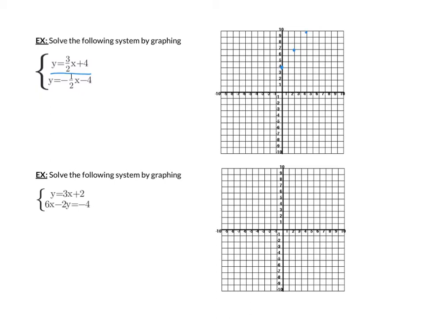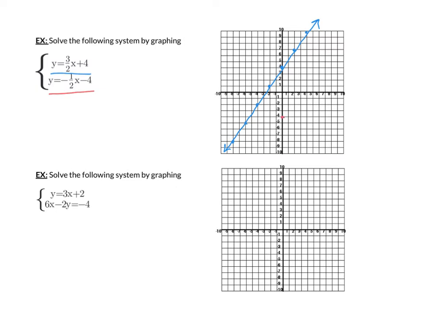One of the things you're going to see about graphing systems of equations is you want to continue your graph almost the whole way across the graph paper, because you never know where the solution's going to lie. So there's that line. Now I'm going to graph y is equal to -1/2 x minus 4.